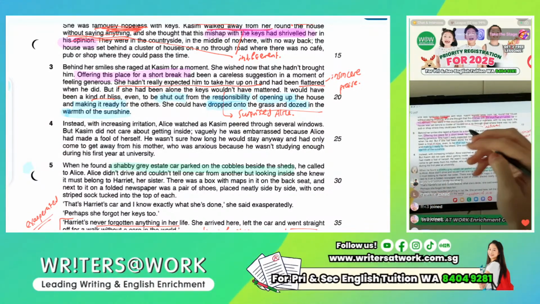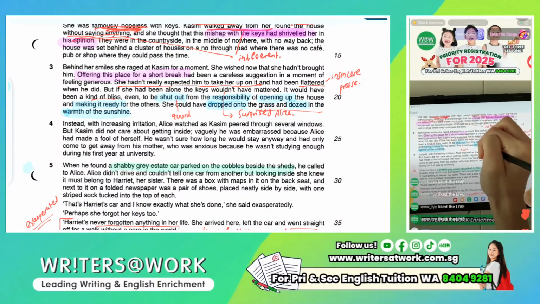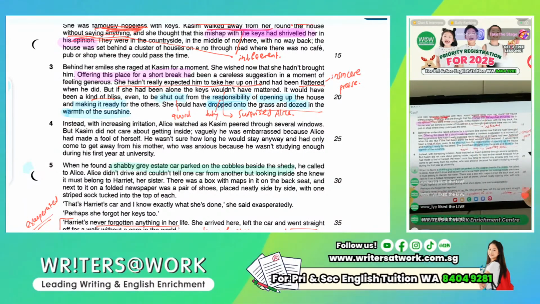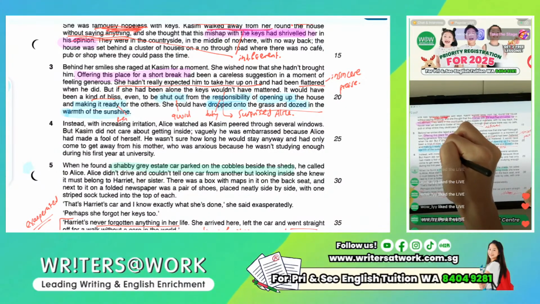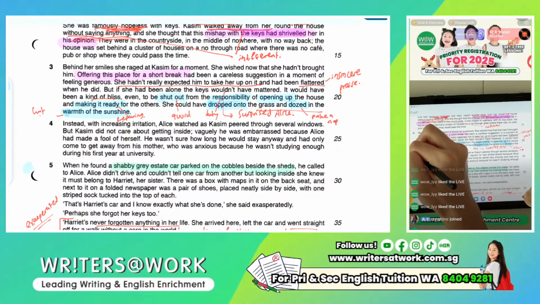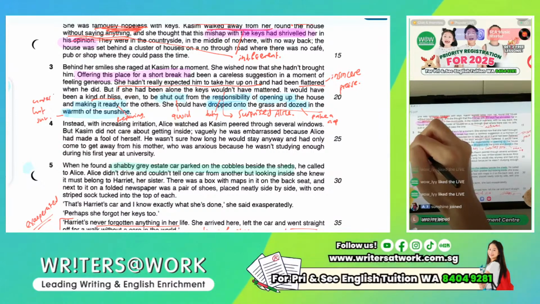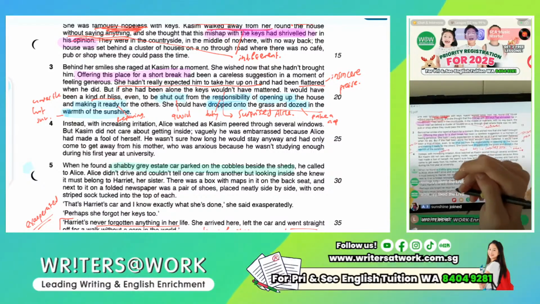Shut out, that means you could say she could avoid the, instead of responsibility, you can say the duty of opening up the house and making it ready could mean you're trying to prepare the house. She could have dropped onto the grass and dozed in the sun. So you could just say she could take a nap under the hot sun. Okay? So it's these kind of things that we'll need to change.